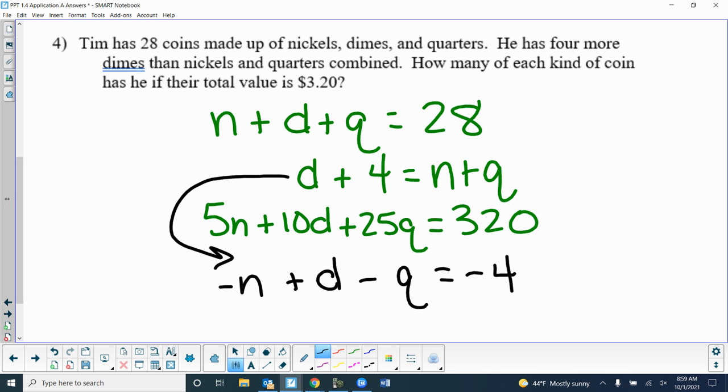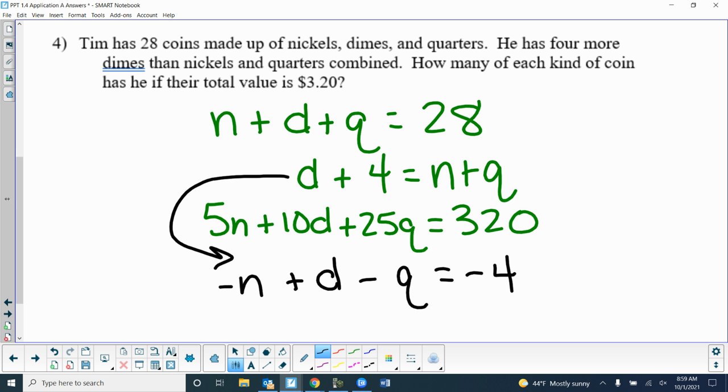Let's read that again. The number has 4 more dimes than nickels and quarters combined. So would I add 4 to the dimes or would I add 4 to the nickels and quarters? Read that again. That's 4 more dimes than nickels and quarters combined. So I wouldn't add 4 to the number of dimes. I'd have to add 4 to the number of nickels and quarters. You see that?